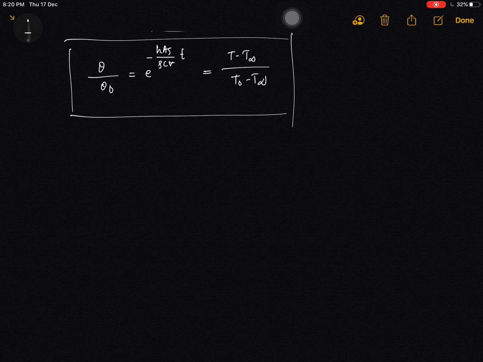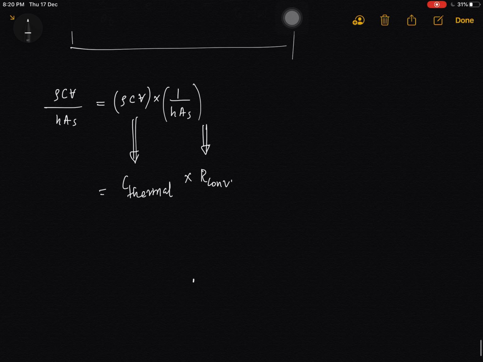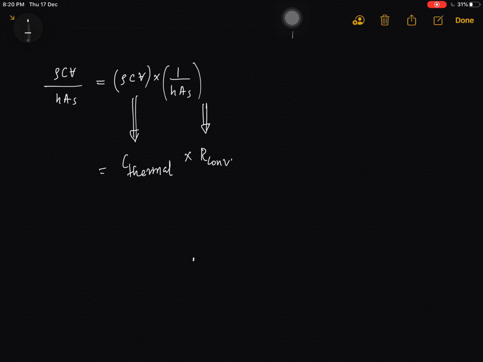Let's move on. See this particular exponential term, rho C V by h A_s. I am just rewriting this as rho into C into V into 1 by h A_s. Here rho C V is nothing but the thermal capacitance, and 1 by h A_s is nothing but the convective thermal resistance.